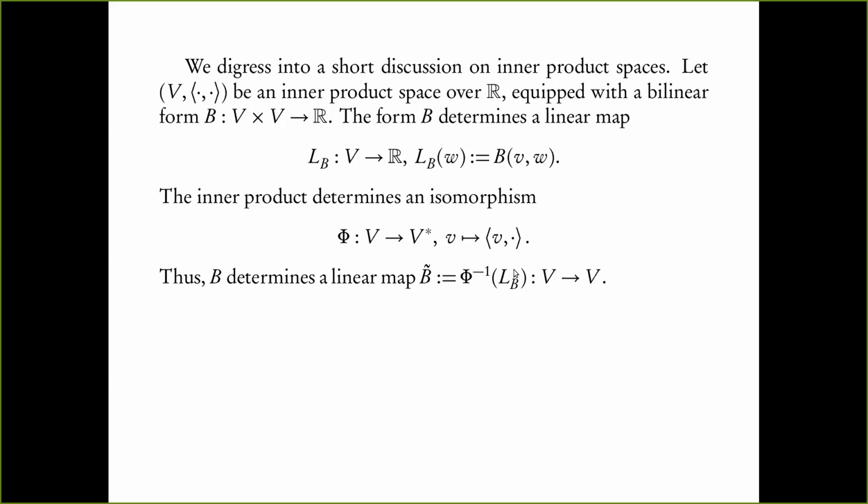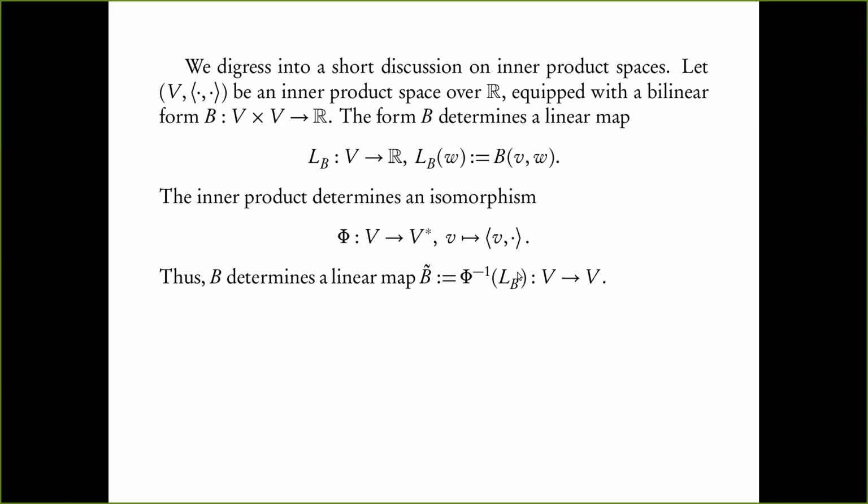Applying phi inverse gives you an element of V itself, because LB^v is an element of V star. Phi inverse gives you back an element of capital V, and that's what I mean here. So B tilde is really this map, which means if I give you an element little v, you simply send it to phi inverse of LB^v.